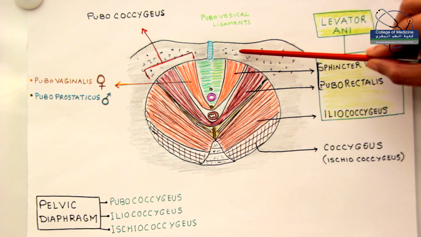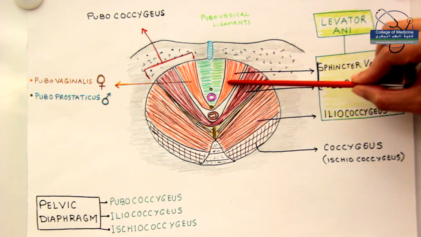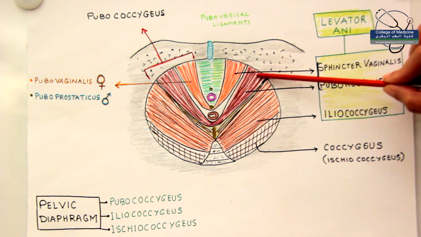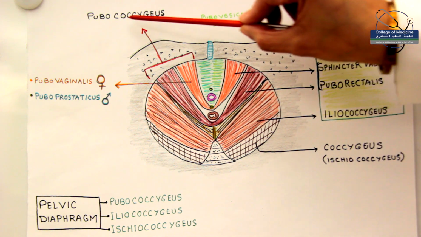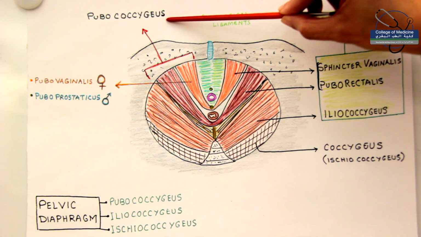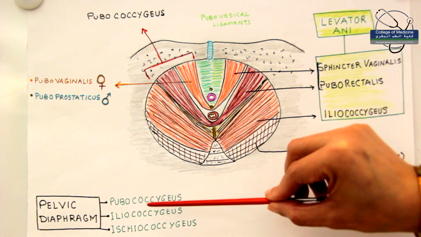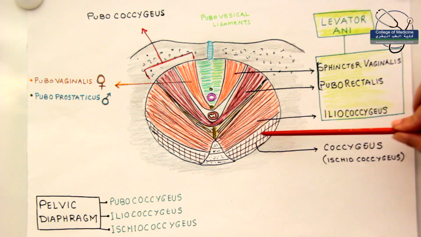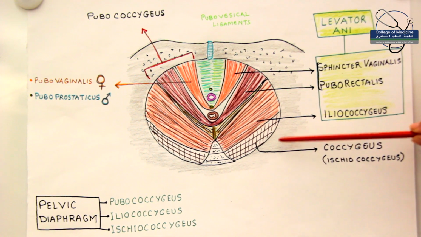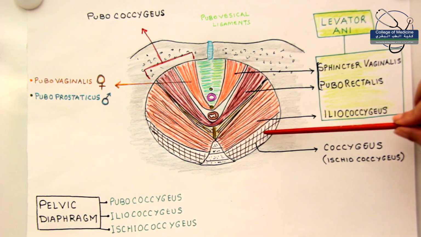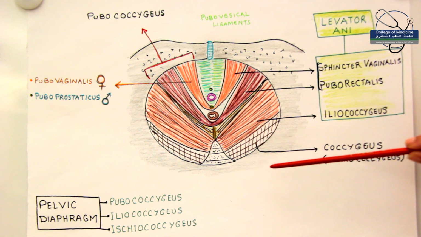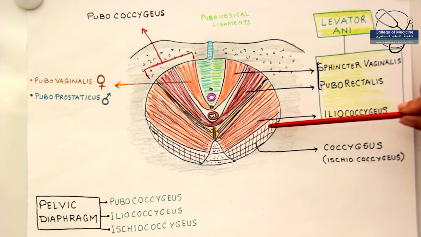That includes both of these parts, the sphincter vaginae, or the levator prostatae in males, and the puborectalis. Together, they form the pubococcygeus element of levator ani. The second one is the iliococcygeus, which we have just discussed. And the last one, in books, it is mentioned that the coccygeus muscle actually is the ischiococcygeal element of levator ani, because it takes origin from the spine of the ischium.